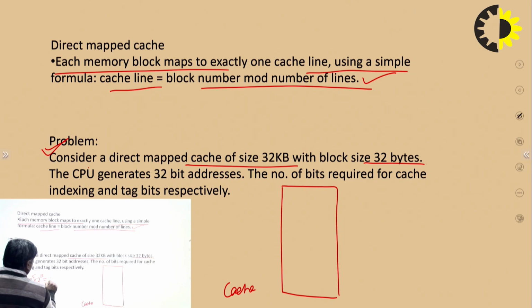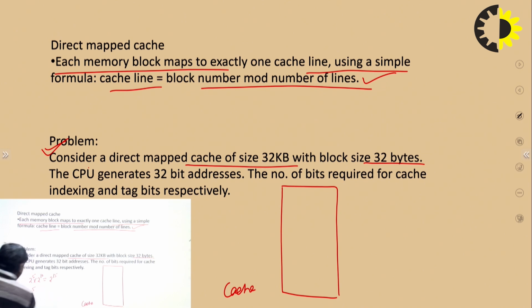It means 2 to the power 15. The total cache size is this, and each block is 32 bytes, and the block size is 32 bytes. 32 means 2 to the power 5.